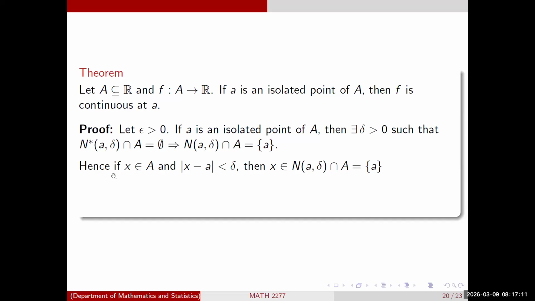So I need to check if I take any other point x belonging to A, and the distance between that point and A is within delta, then I need to show that the corresponding images, the modulus of f of x minus f of A, is less than epsilon. That is my target. But notice, if I take any point of A and within a distance delta of A, then that point must be in the delta neighborhood and belong to A.